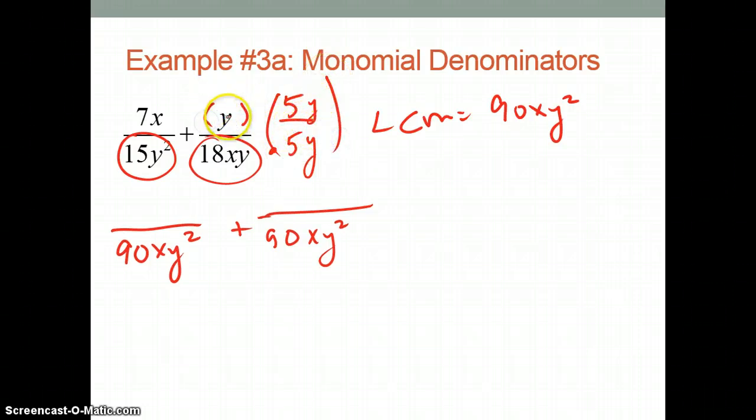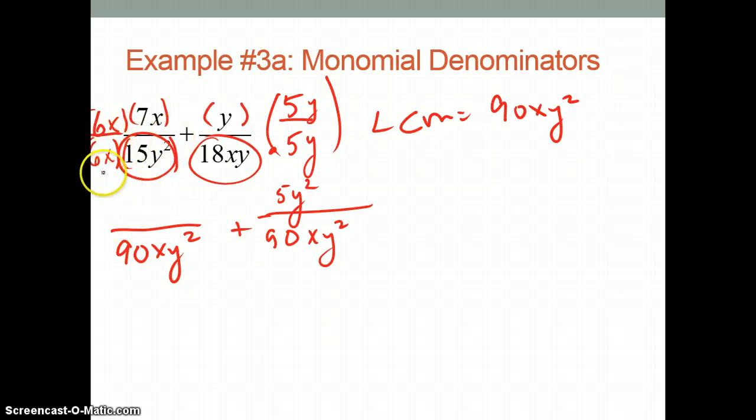So what we do here is we have to multiply y times 5y. Gives us 5y squared. Now we look at this and we say, what times 15 gives us 90? And that number was 6. Now we already have the y squareds to match here, but we do need to multiply it by an x as well. Notice I'm putting parentheses here to show what is being multiplied.